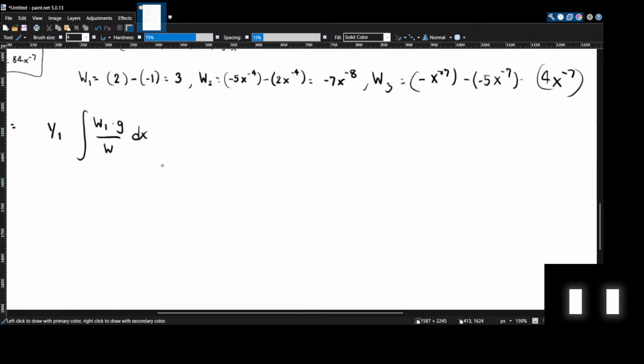And you add y2 times the integral of w2 g divided by w dx, and add y3 times the integral of w3 g divided by w dx. All right.